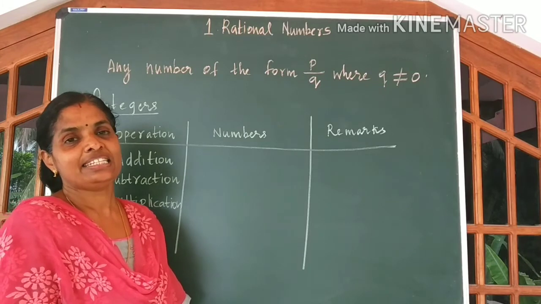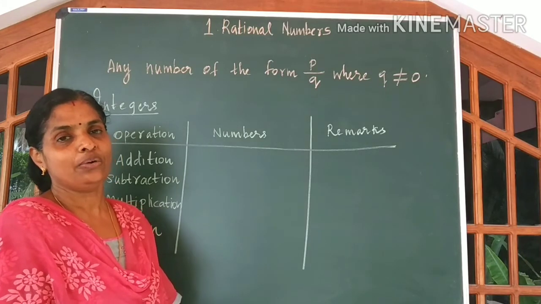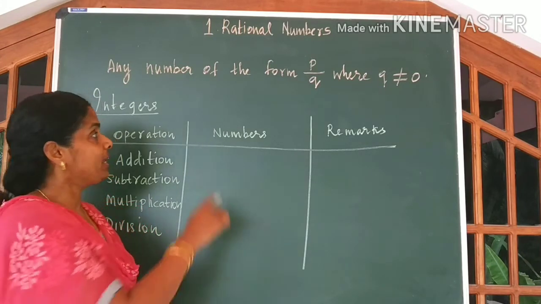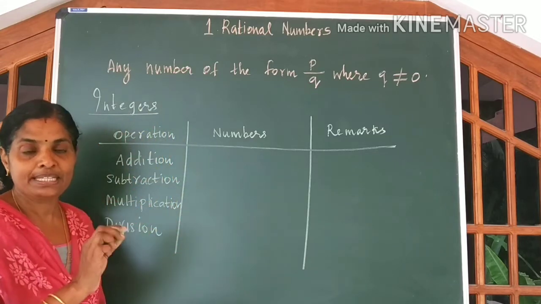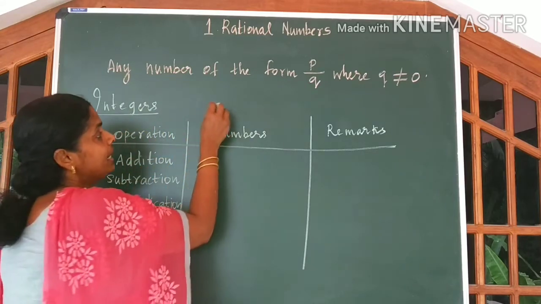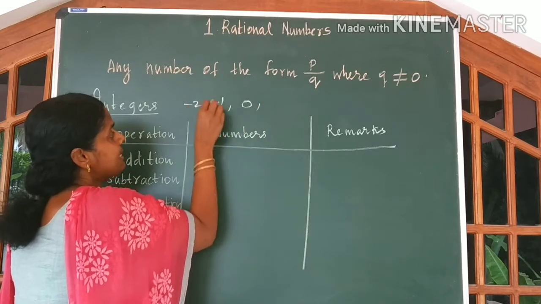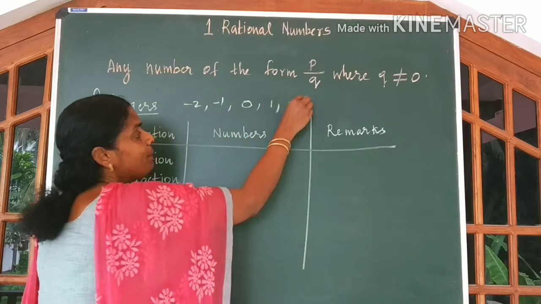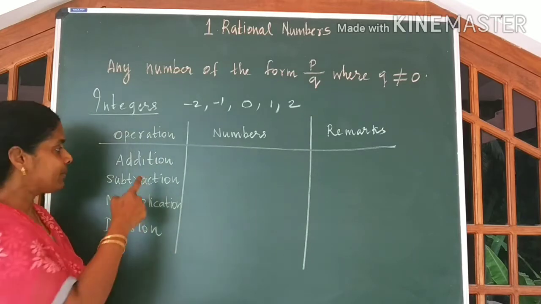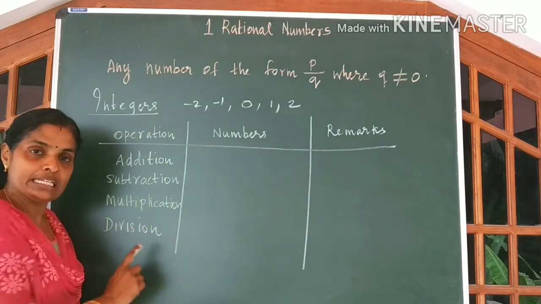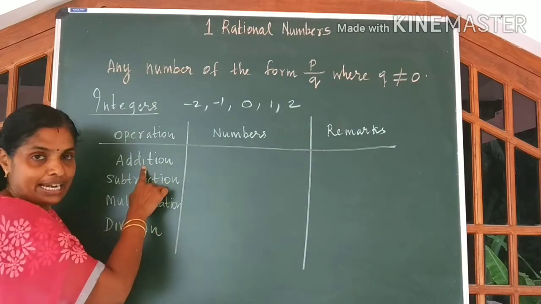Children, let us have a quick look at the closure property of integers. When we say integers, we mean negative numbers, 0 and all positive numbers. Just look at addition, subtraction, multiplication and division. What about addition?